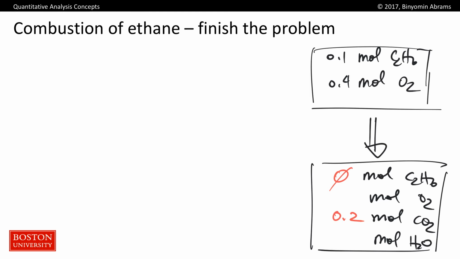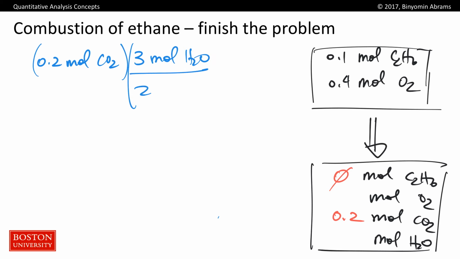To figure out how much water forms, we can simply use the stoichiometric ratio from the balanced chemical equation, and we know that 3 moles of water form for every 2 moles of carbon dioxide that form, which means we're going to have 0.3 moles of water that form at the same time.